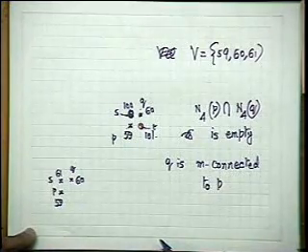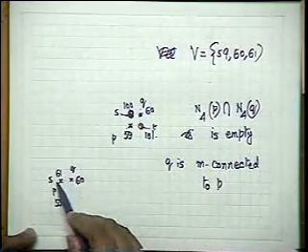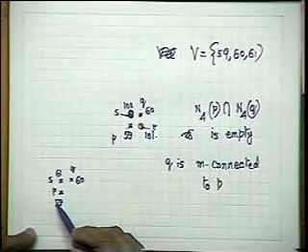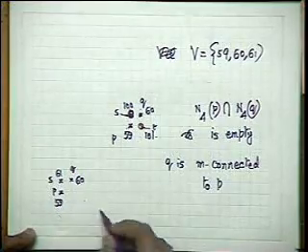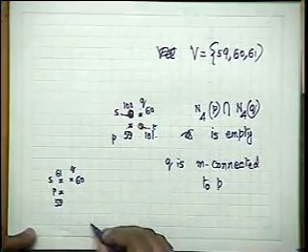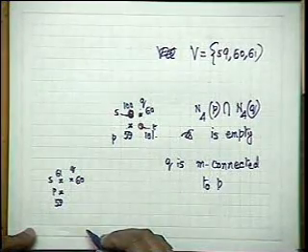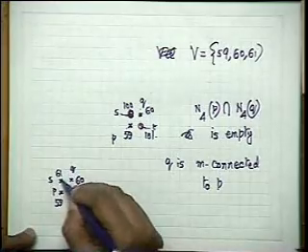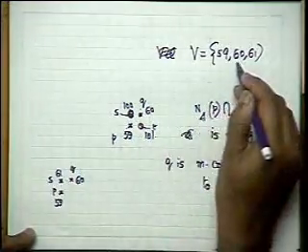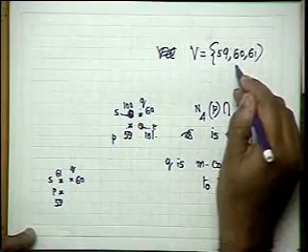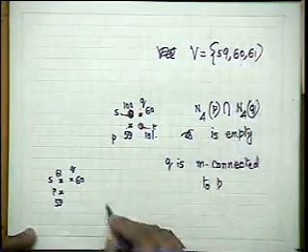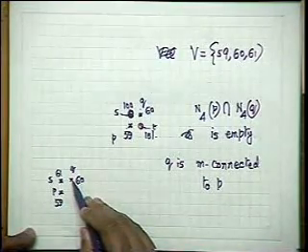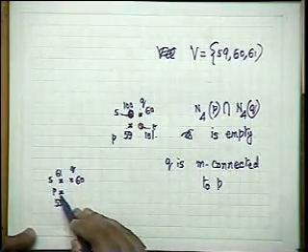Now what happens? Is the intersection of N4P and N4Q empty? It is no longer empty, because in this particular example, the intersection of N4P and N4Q is non-empty because it leads to this point S, whose intensity value belongs to the set V. So, since this is not empty, should I call this pixel Q M connected to P?